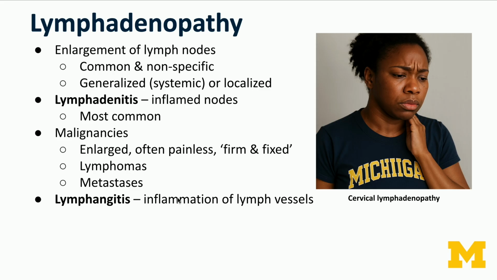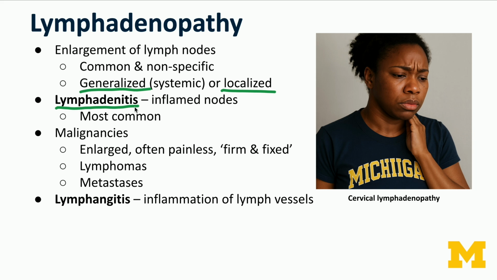The reaction might be generalized, meaning systemic throughout the body, or localized to a particular set of lymph nodes. If those lymph nodes are also suffering inflammation, that is referred to specifically as lymphadenitis.